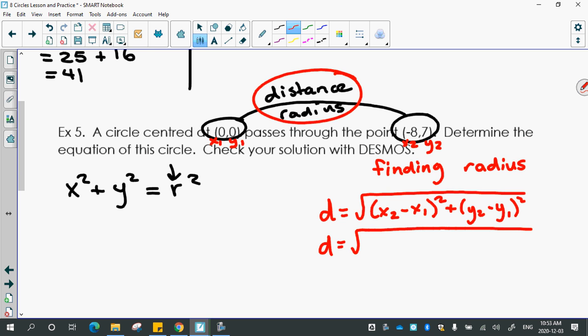So hopefully everyone got pretty comfortable using this formula this morning. So -8, subtract in the formula 0, which is nice and easy. 7 minus 0.